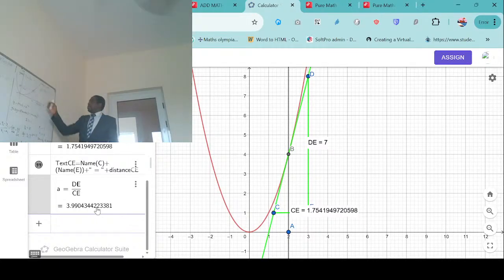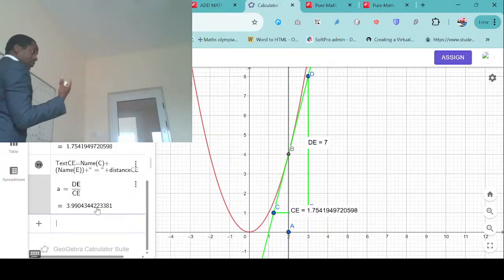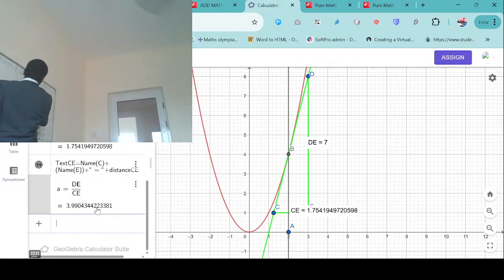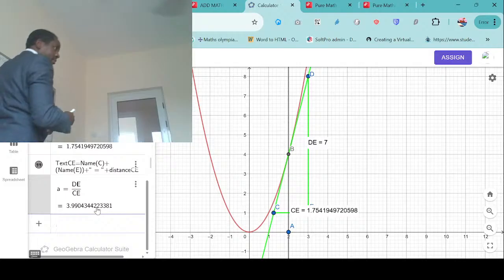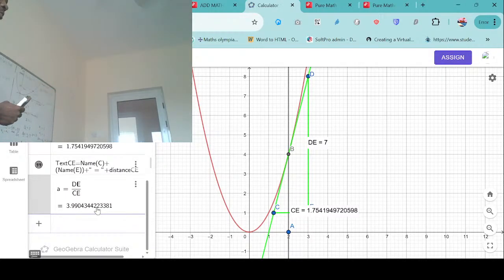But as the width gets smaller and smaller, the height will also be getting smaller. So let's assume this gets so small. You discover that that line, which is not a tangent, is going to be almost equivalent to the tangent line. Am I correct?